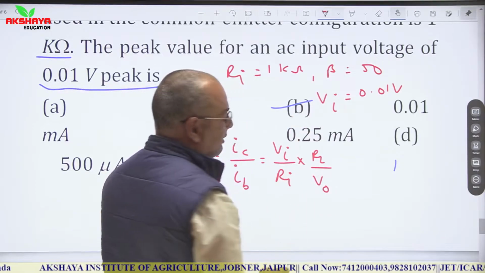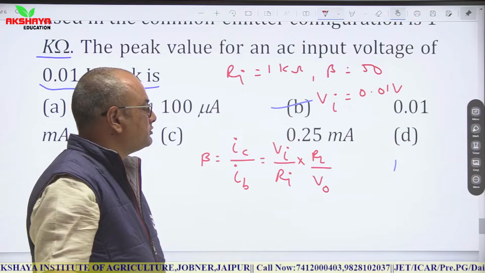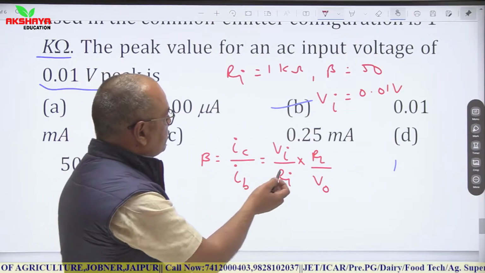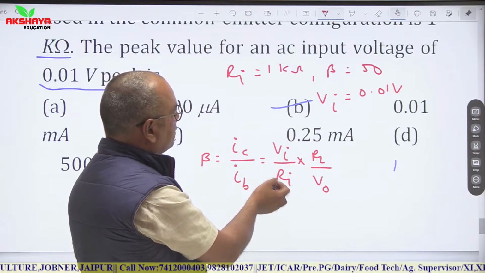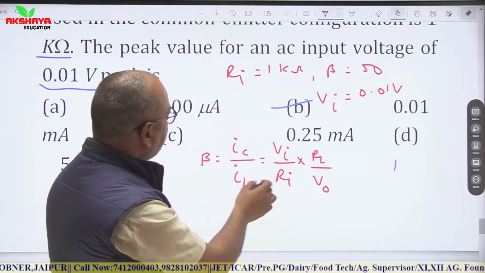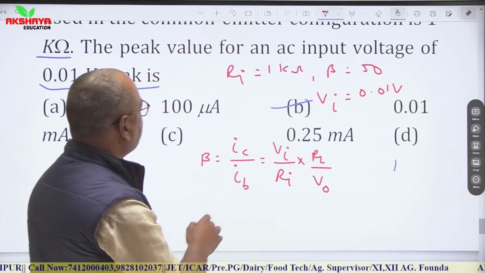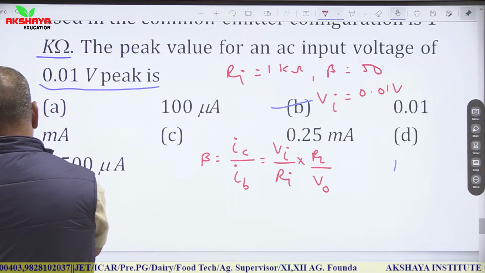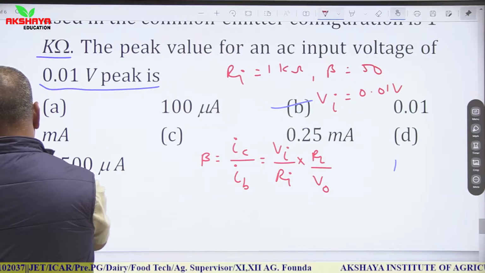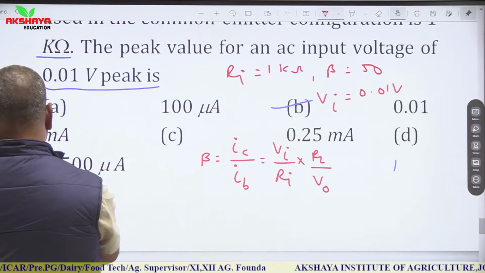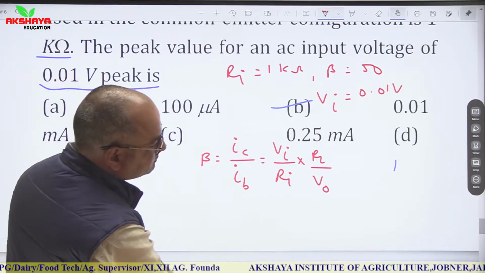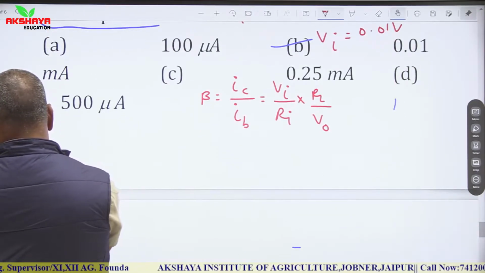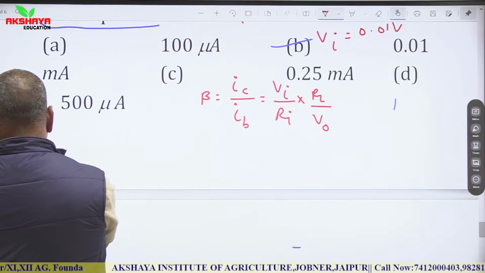So simply we have to calculate VO. Beta is given to us, VI is given to us, input current is given to us, and we will use this relation to find output voltage VO. So again, this is a simple relation. Now see the next question.